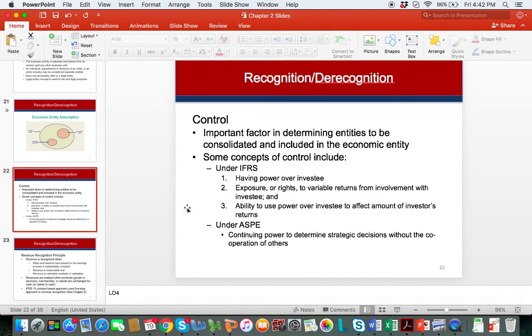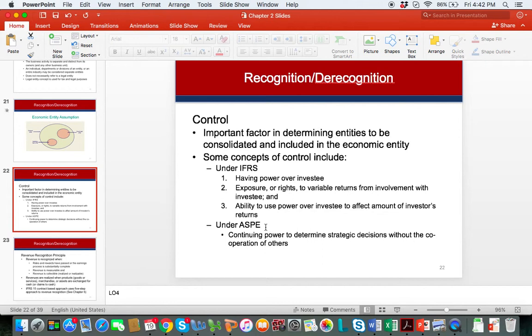From a control point of view, it's an important factor in determining entities to be consolidated and included in that economic entity. Some concepts of control include, remember we talked about IFRS and ASPE. The easy way to remember between the two is if you're a publicly traded company, you have to report under IFRS.